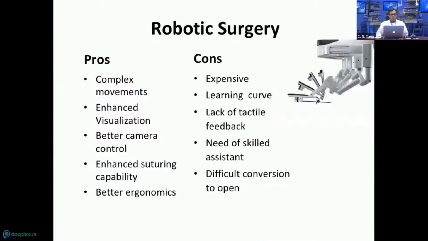And I think there are a lot of pros and cons regarding robotic surgery. The most important thing would be enhanced suturing capacity with the robotic approach and also better visualization. Of course, the expensive installation and expensive consumables could possibly deter surgeons thinking about this surgical approach.